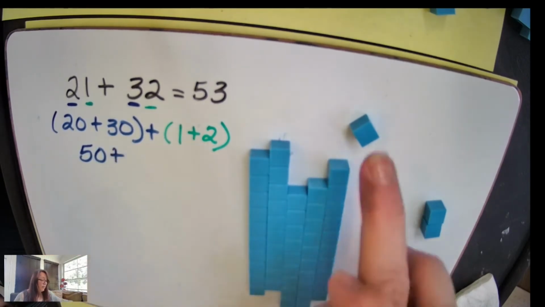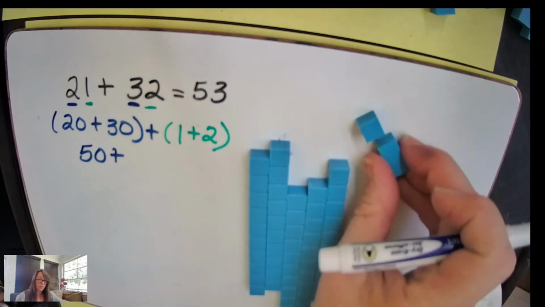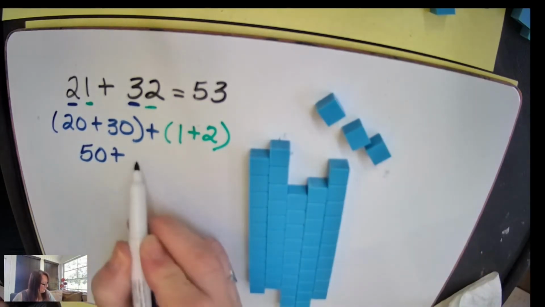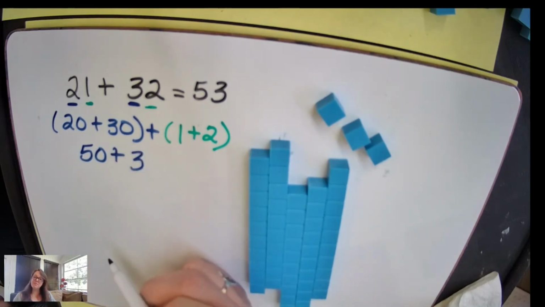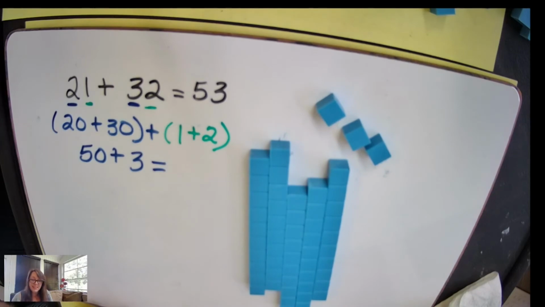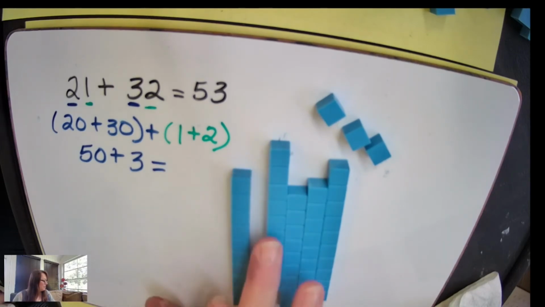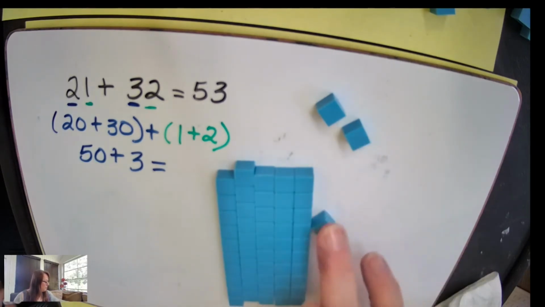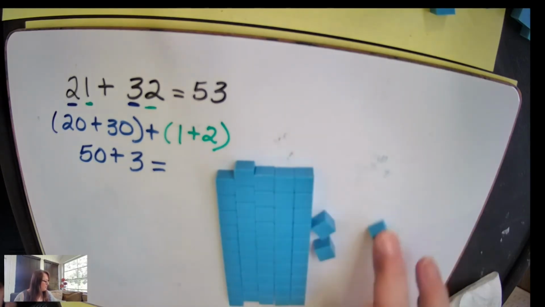And 1 plus 2 is 1, 2, 3. So 50 plus 3 equals 10, 20, 30, 40, 50, 51, 52, 53.